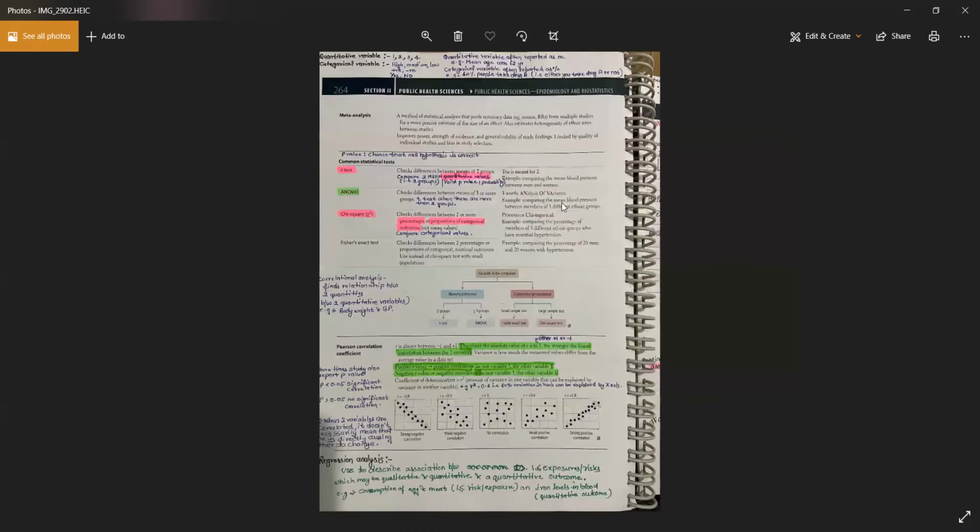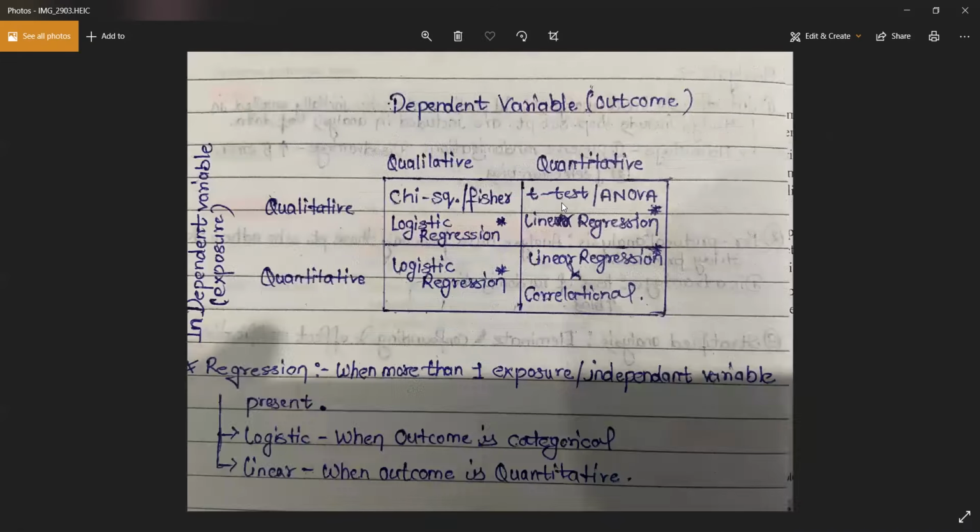Okay, then the final one is the correlational analysis. And like you see here, the correlation will be done when both the exposure and the outcome are quantitative ones, and whenever you need to find a correlation between the exposure and the outcome. Please note that this correlation doesn't mean that the exposure is directly affecting the outcome.